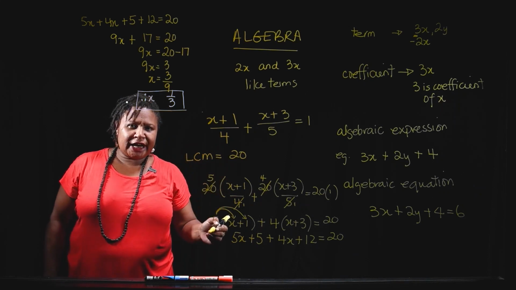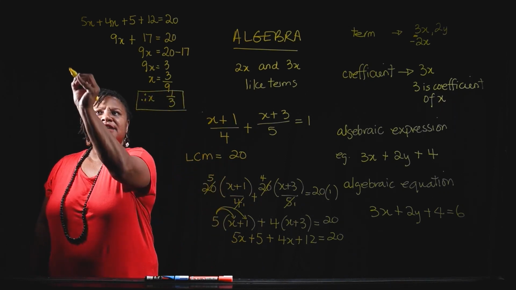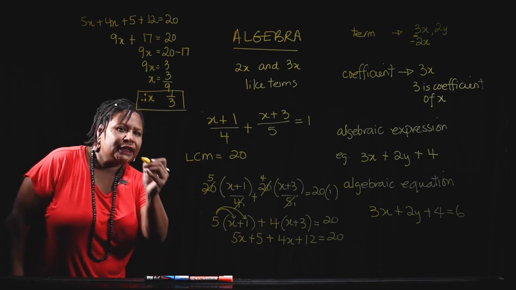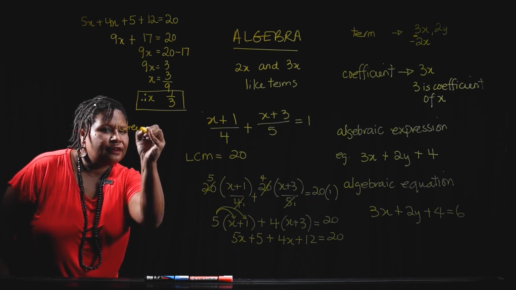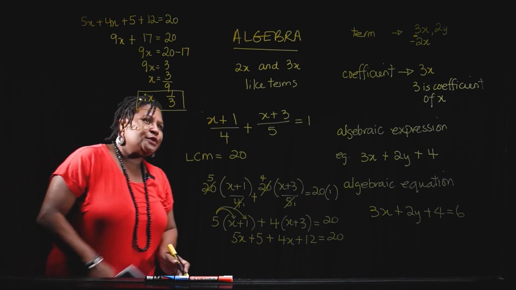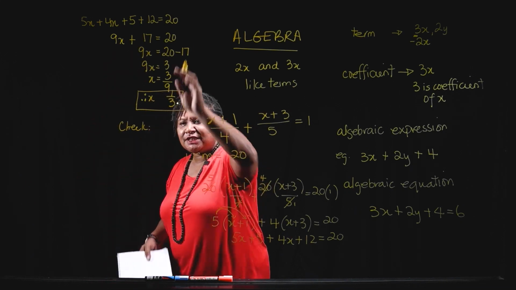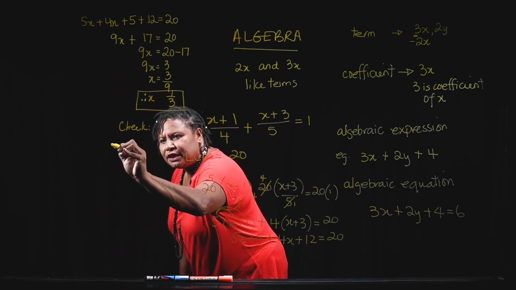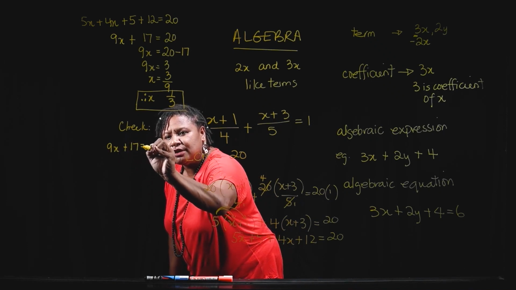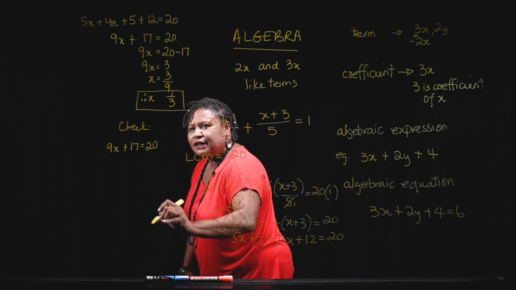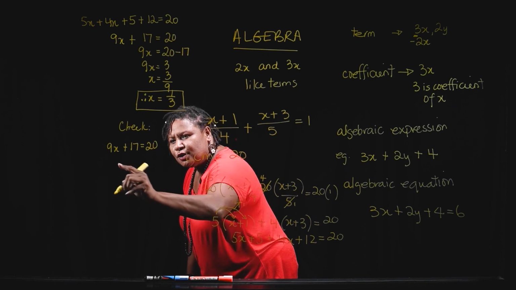Now we can check the answer to see if it is correct. All right? So let us do that. We will use the simplified equation of 9x plus 17 equal to 20. 1/3 is written in place of x.